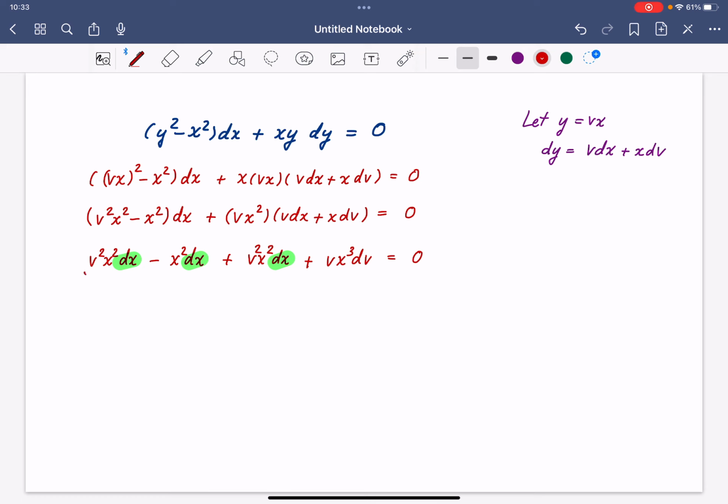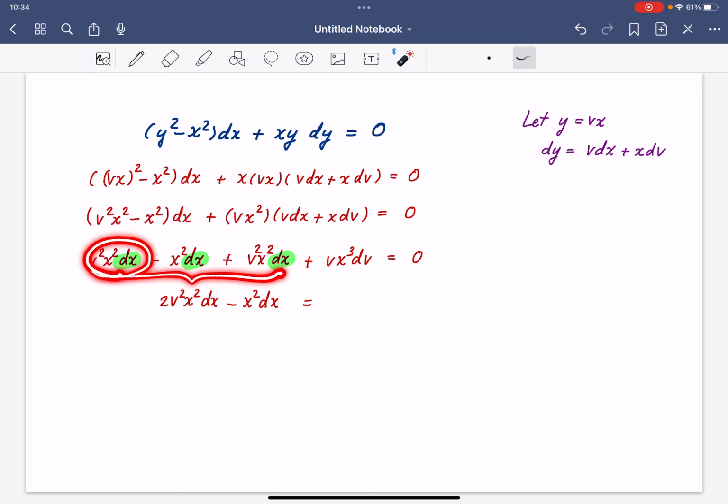These two terms are the same, so we say this is 2v squared x squared dx, minus x squared dx, equal to minus vx cubed dv. I move this term to the right hand side.